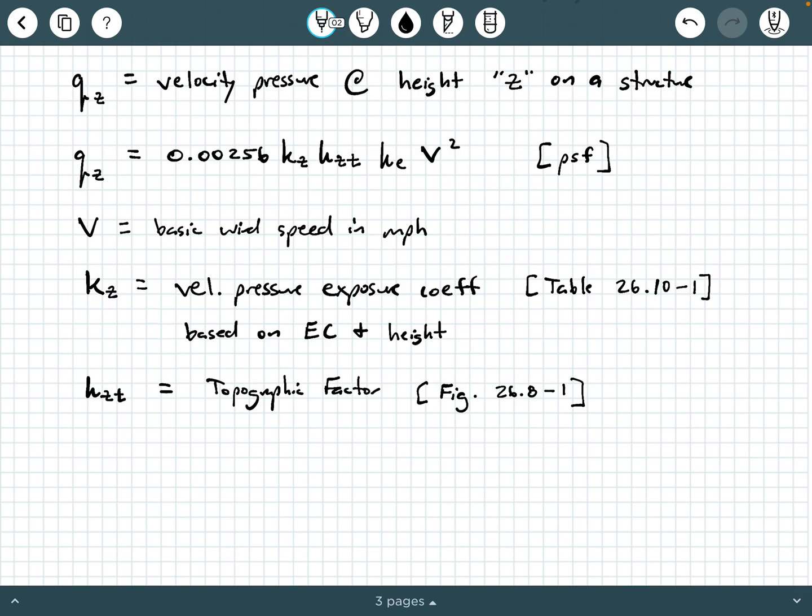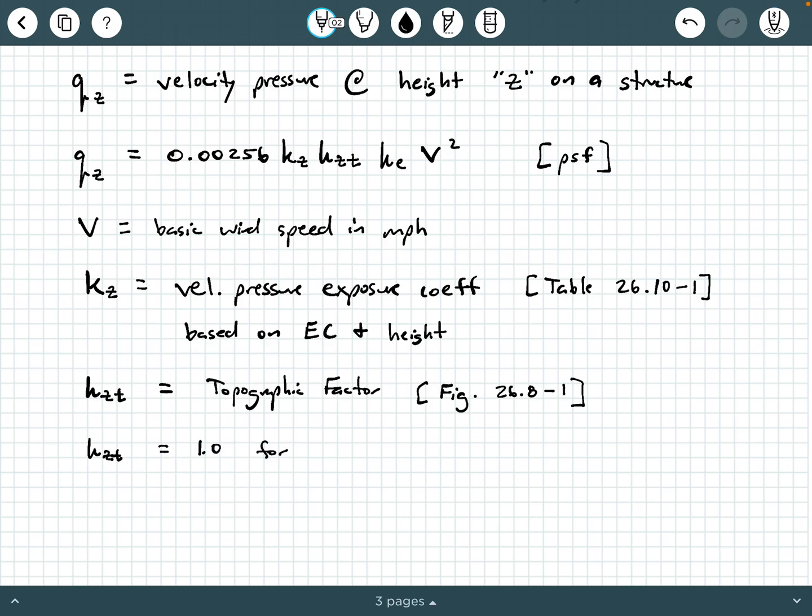This can be quite a lengthy process to calculate KZT, so I'm not going to go into that in this video. But KZT is a calculatable value, based on the topography of the land that your structure is on. Now, for buildings on flat ground, KZT is going to be equal to 1.